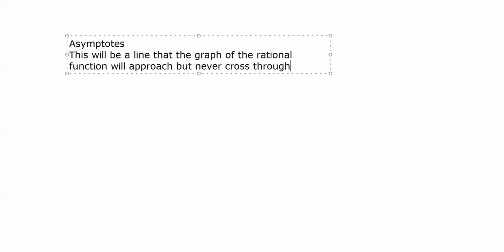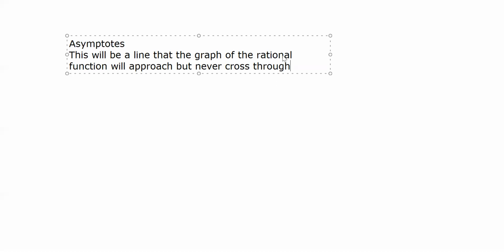It's an invisible line too. We don't actually physically draw it. We might draw a dashed line for it, so that we can see where the asymptote is, without ever actually having to draw it physically on the graph. So it gets close, but never quite crosses its own asymptote. Every graph does that.